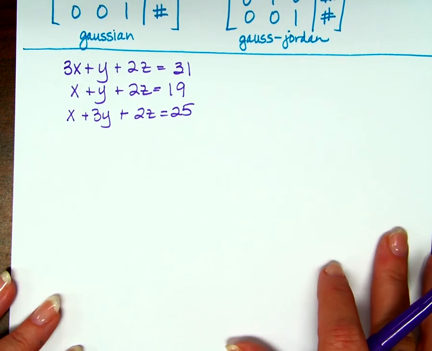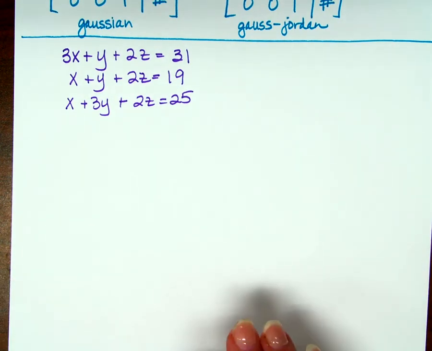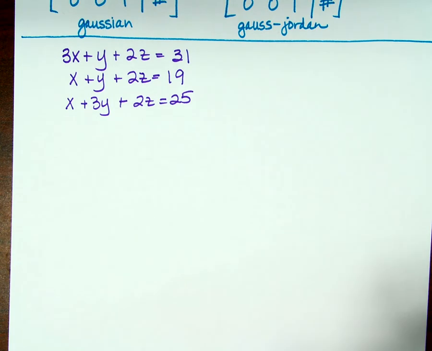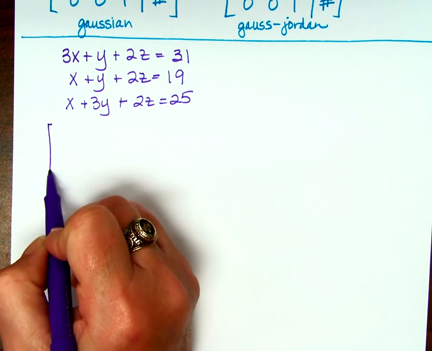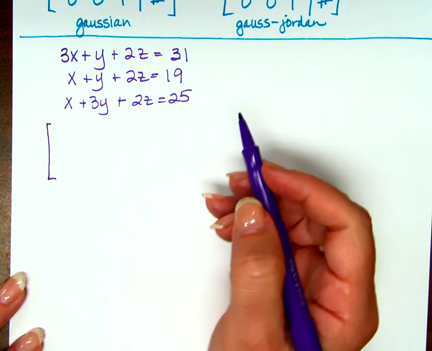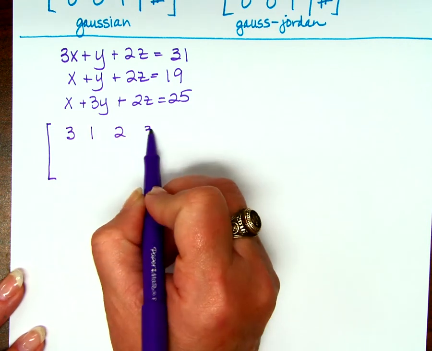Okay, now I'm going to use the row operations notation for you so that when we do get into our homework, you know what they all mean. Is that okay? Yes? So let's put this into just a matrix, straight up matrix first. Okay? So 3, 1, 2, 31.